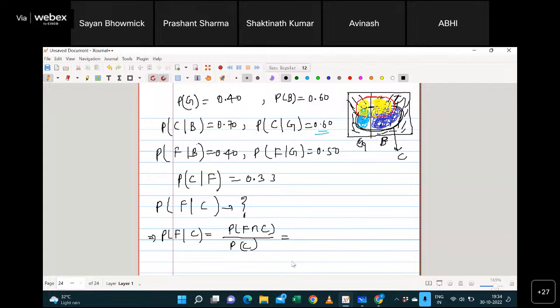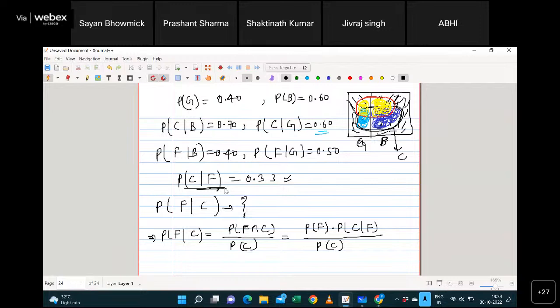No, see, probability of F intersection C I can write as probability of F into probability of C given F. Football and cricket, so probability of football times probability of cricket given football.